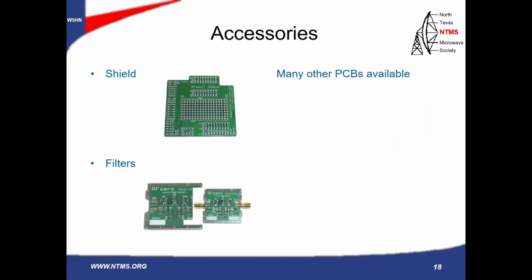There's a lot of other stuff they have available. I started to try to list these out, but it's just going to take a lot of time. They've got a shield that sits on top, and all these filter PCB boards. They've got suggested values that you can use, whether you want a band pass, a band stop, a low pass, or a high pass. And there are a lot of other PCBs available, such as DC regulation.